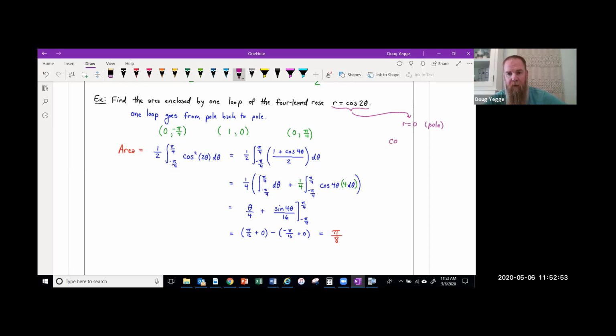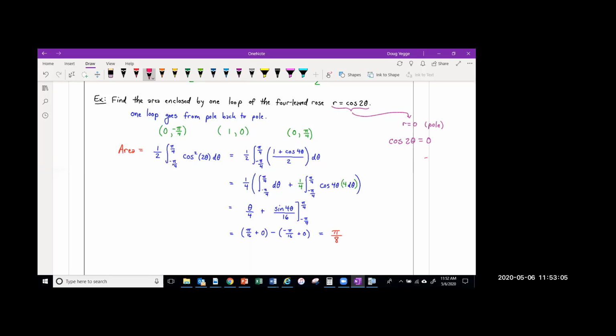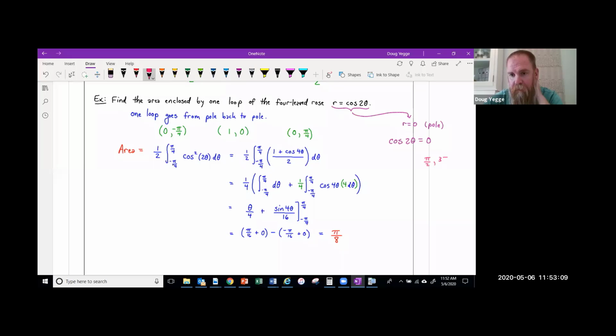So we're just saying, when is cosine of 2 theta equal to 0? All right, well, where is cosine equal to 0? Pi over 2 and 3 pi over 2. Right? But notice that what I've done is I've solved for this angle.